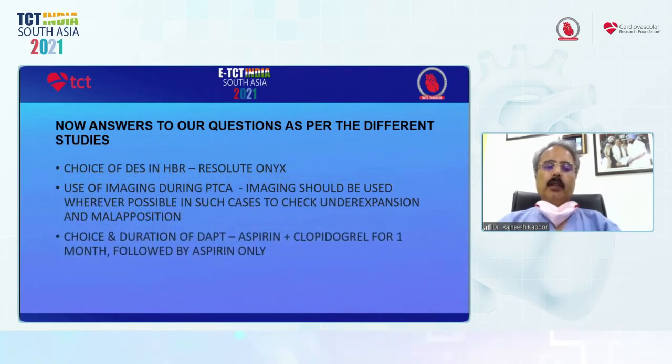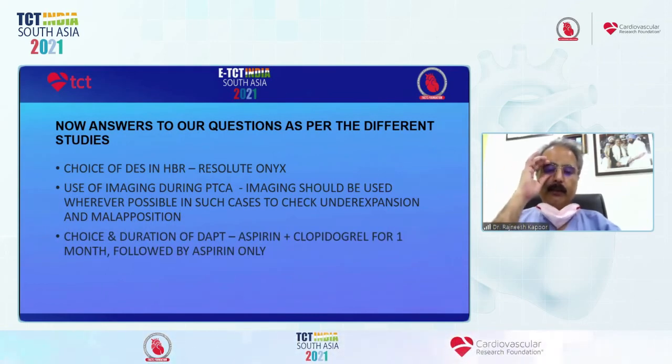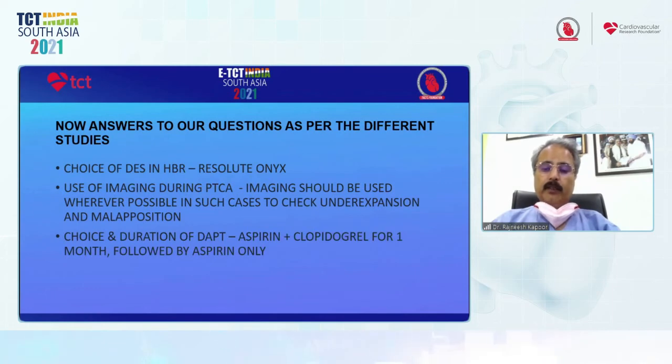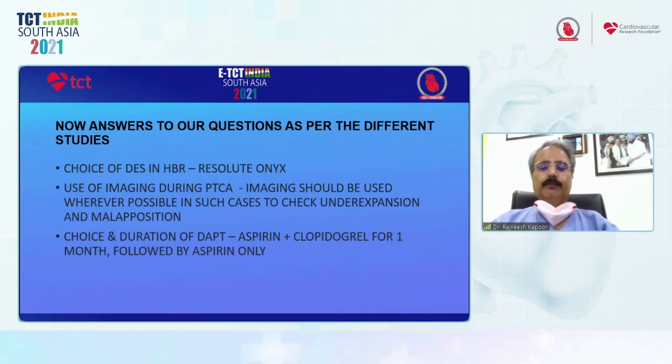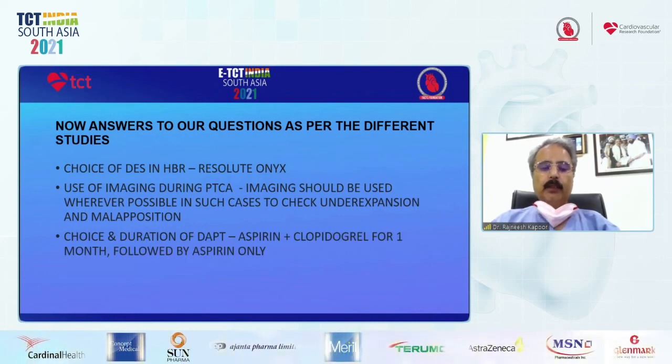And thirdly, the choice and duration of DAPT. As far as the data stands, depending on the risk of bleeding in such patients, aspirin and clopidogrel. I'm not specifically mentioning ticagrelor here, because in all such patients we are using aspirin and clopidogrel, at least for a month, and then withdraw clopidogrel and continue aspirin in all these patients.